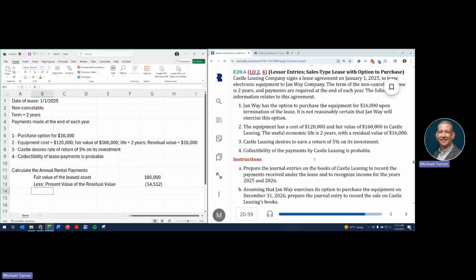It'll have a value of $16,000. So they should get a $16,000 cash flow at the end of 2 years when they dispose of the asset, either selling it to Janway for $16,000 or selling it to another party. So the present value of that $16,000 is $14,512. And so the remaining cash flow has to be allocated to the rent.